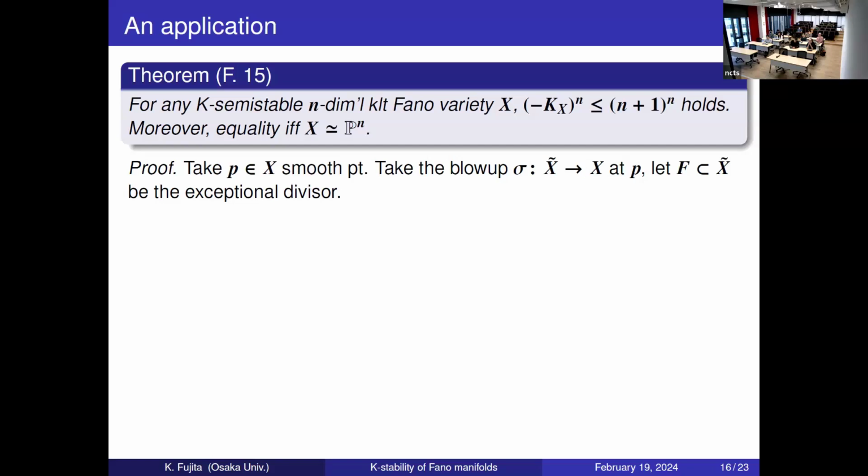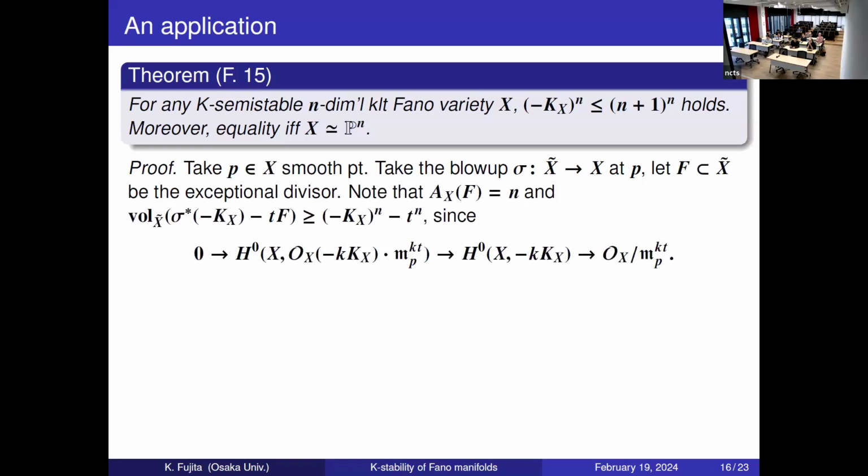The proof is very, very simple. Let us take any smooth point and blow up at the point, and let F be the exceptional divisor. It's a Hartshorne exercise that the log discrepancy is the dimension n.